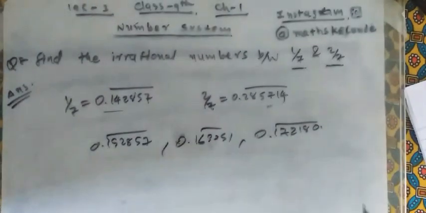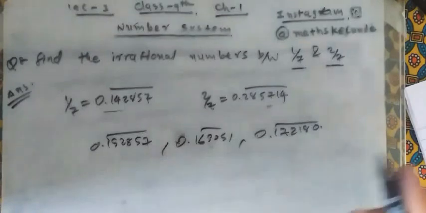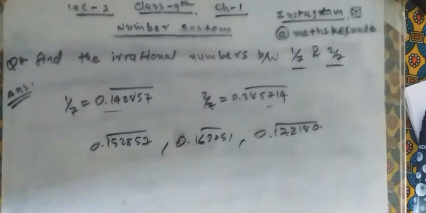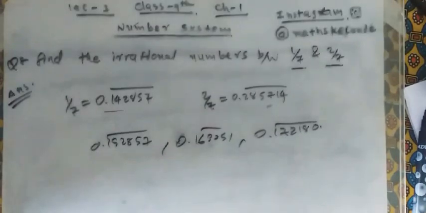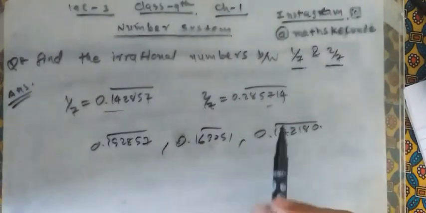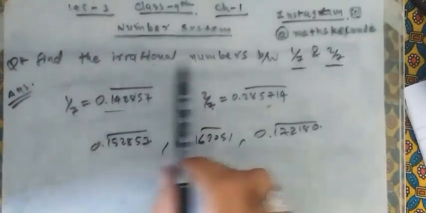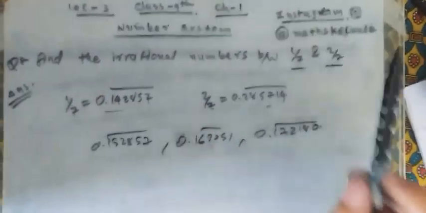Like that we can find infinitely many irrational numbers between any two rational numbers. So we can also say that there exist infinitely many irrational numbers between any two rational numbers.